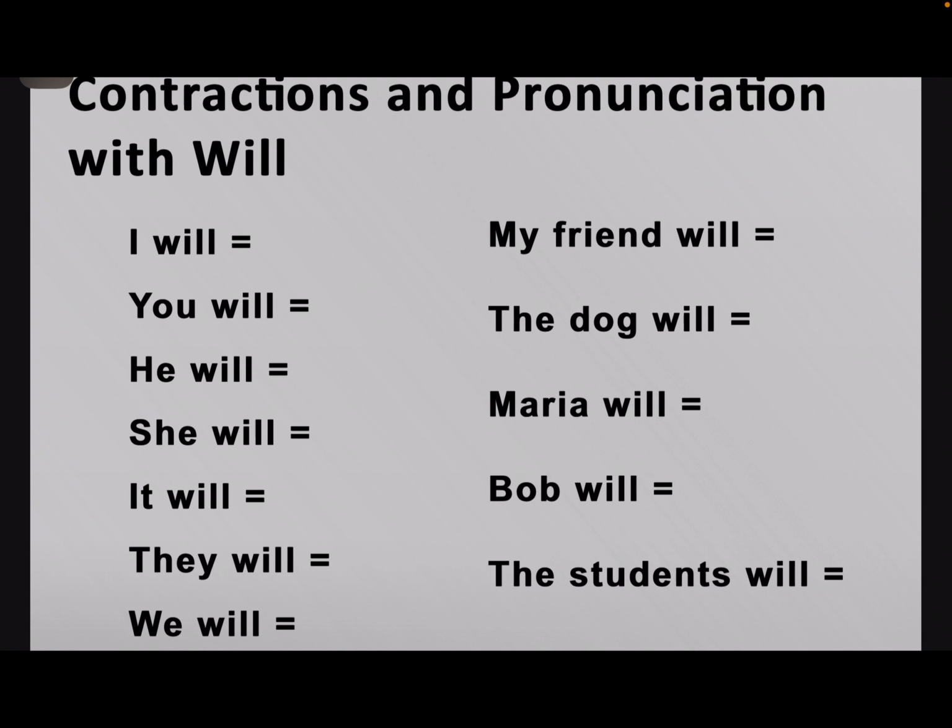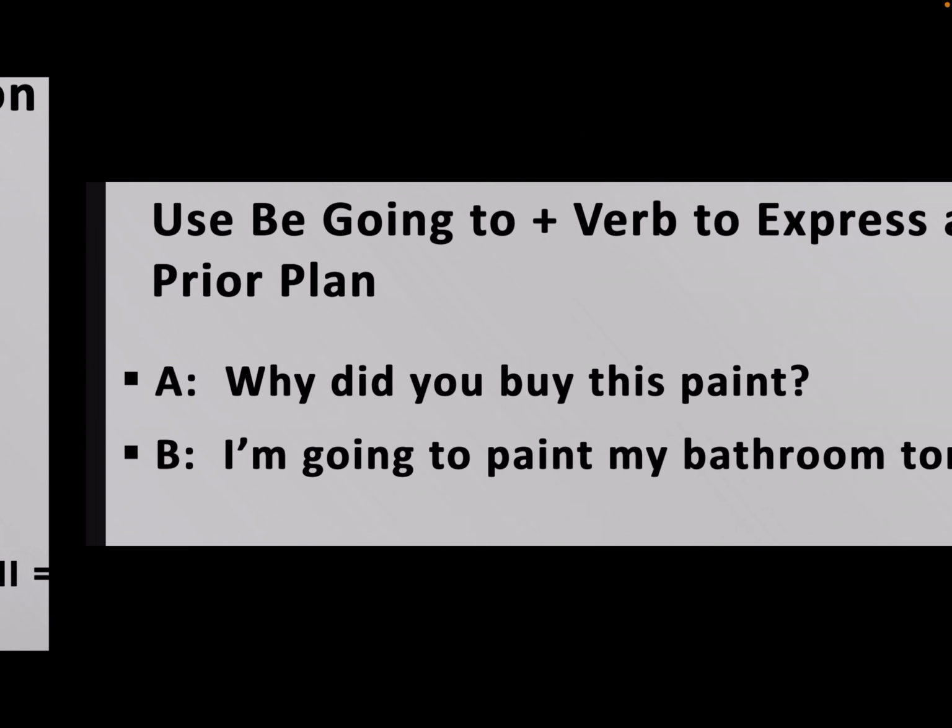We cannot contract these. We cannot say my friend'll or my dog'll or Maria'll. No, Bob'll. No. We only contract subject pronoun plus will. We cannot contract any other ones.